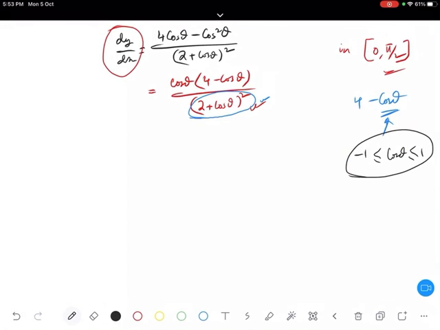So no matter what value between minus 1 to 1, 4 minus cos theta will always be positive, because 4 is always more than any number between minus 1 to 1. So 4 minus cos theta is also positive.